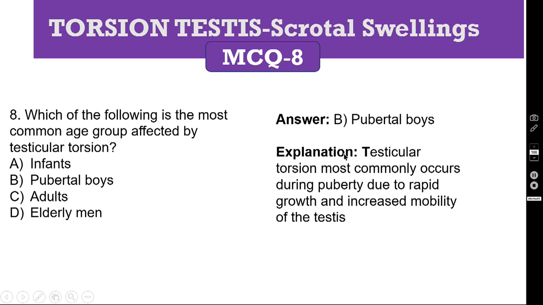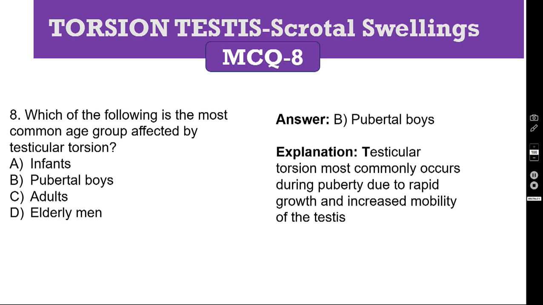Testicular torsion has two peaks. One is neonates, another one is teenage or pubertal boys. Here in the options they haven't given neonates. They have given only infants. Neonates means within 28 days of birth.